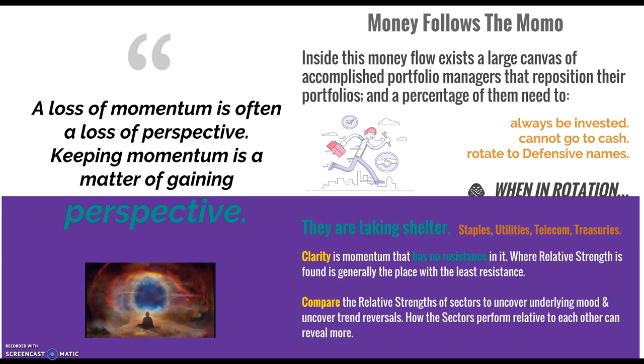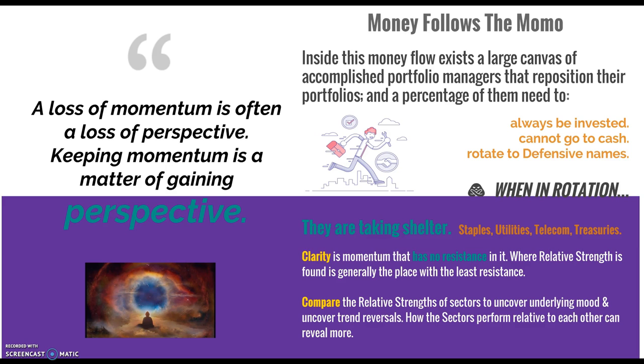A loss of momentum is often a loss of perspective. Keeping momentum is a matter of gaining perspective. So what we're trying to do is gain perspective and keep our momentum. And the way we're going to do that is we are going to follow the momentum and the money that's following the momentum. This makes me think I need to know what is inside the money flow.